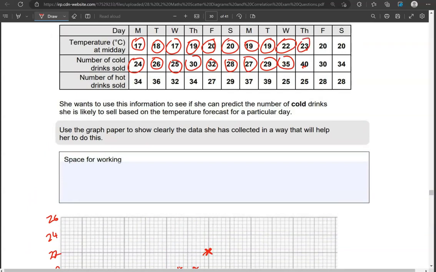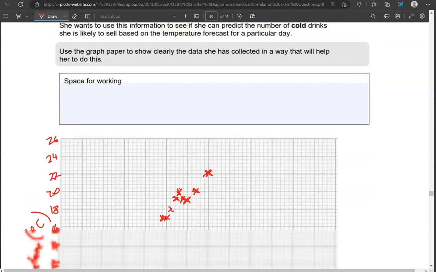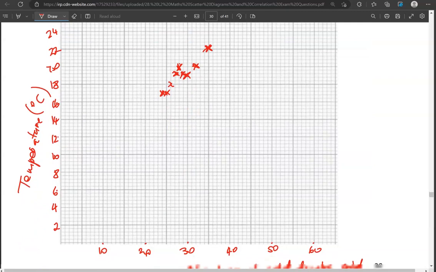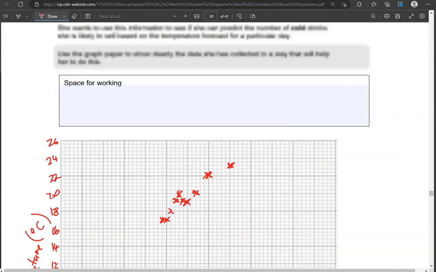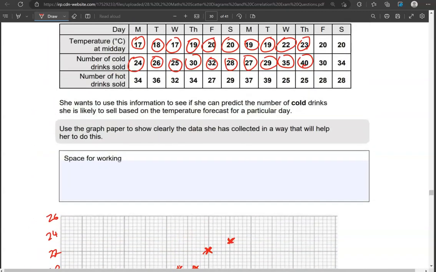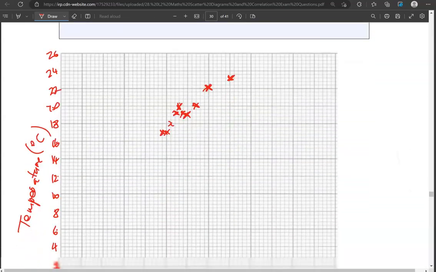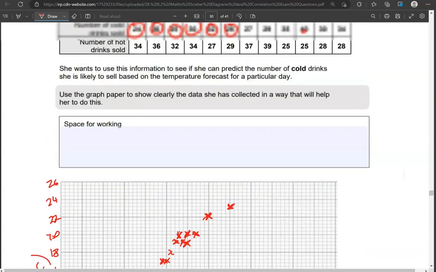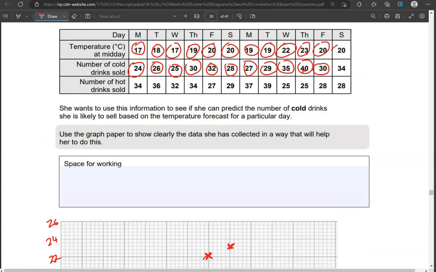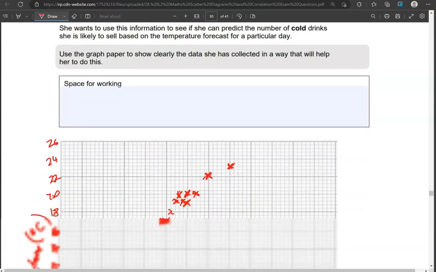Thursday, 23, 40. Friday, 20, 30. Saturday, 20, 34.